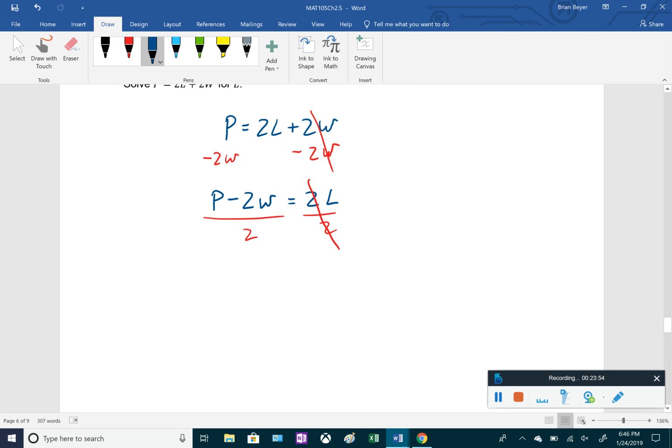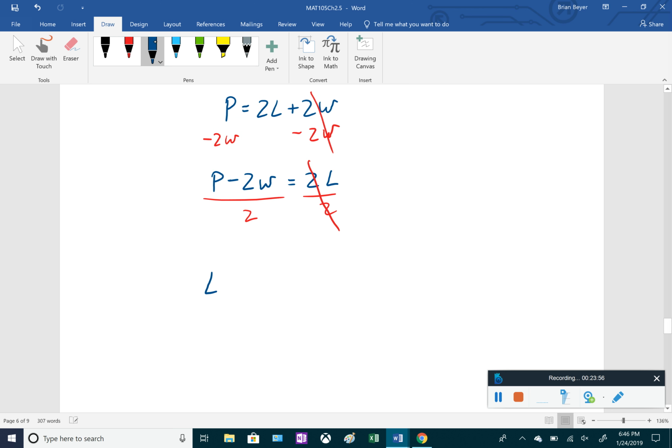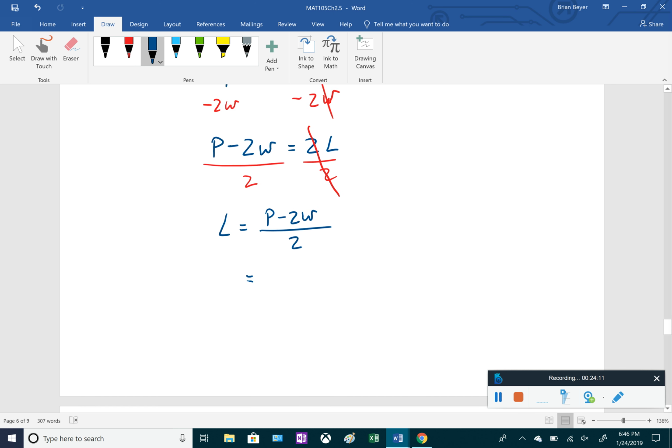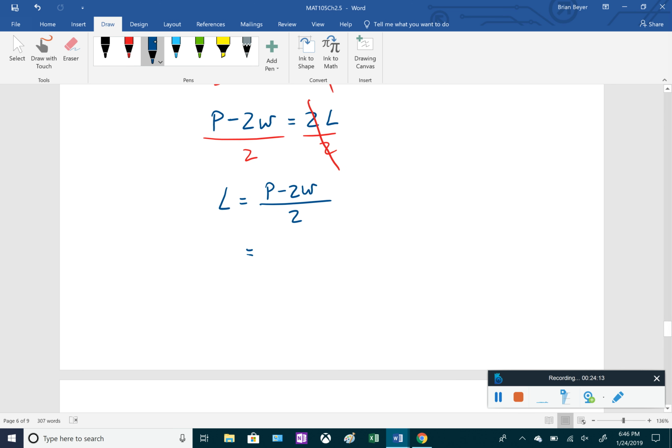So I'm going to write the L on the left-hand side again. So this is going to be P minus 2W over 2. Or another way we can write this, I'm going to write this a couple different ways here, just so we know they're all the same. We could write this as 1/2 times P minus 2W, right? So that means exactly the same thing.